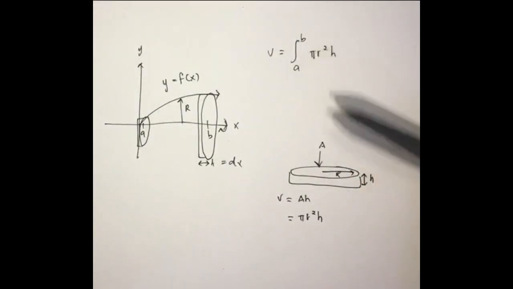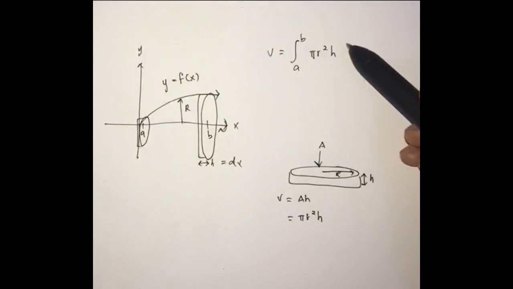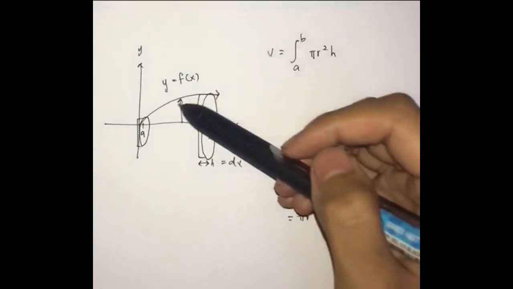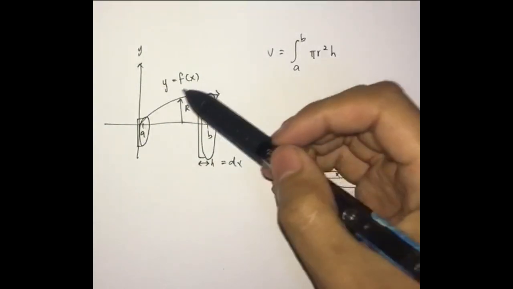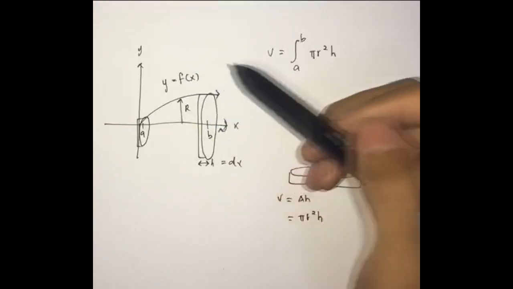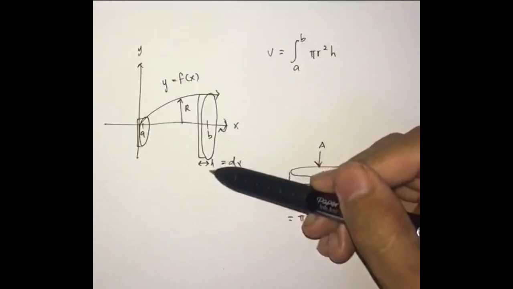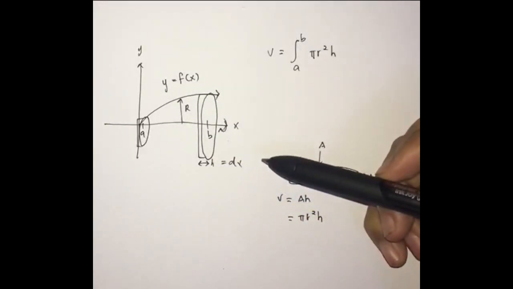You integrate surface area from point B to point A, and then as you notice, the radius is equal to the height of the y-axis, and it is presented by the function that will be given. And also the h is actually equal to the dx.